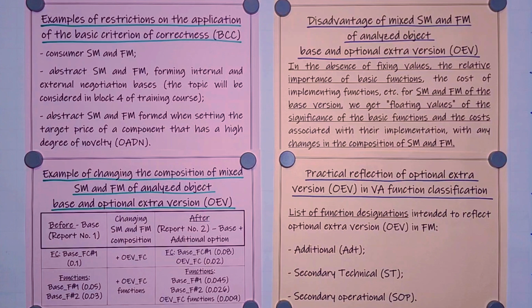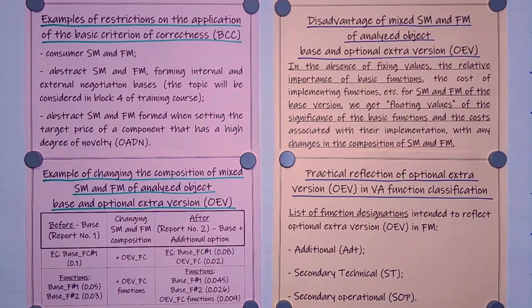Okay, what about the disadvantages of mixed structural and functional models in basic and optional equipment calculations? Consider the following example. For the basic configuration of a product, structural and functional models are formed.